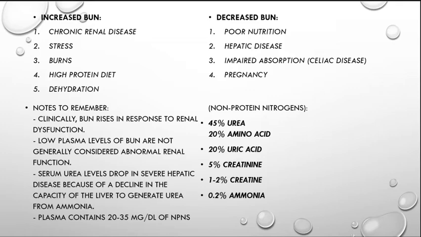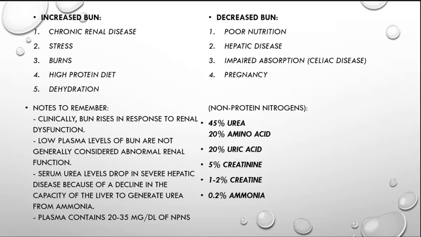So this celiac disease is an immune disease in which ang mga patients or mga people ani guys dili sila kakaon og gluten, okay, because it will damage their small intestine, okay. And then decreased BUN during pregnancy japon, okay.